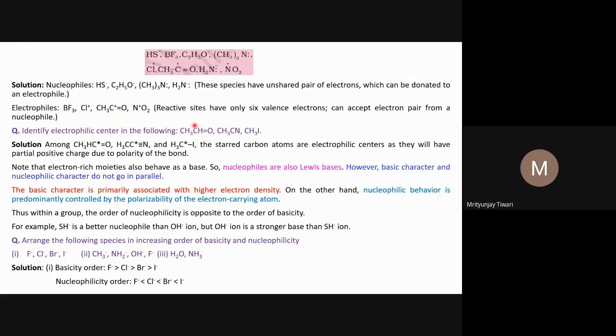It means this carbon will attain some partial positive charge, and because of that, this carbon will be an electrophilic center. So this is an electron deficient center, so it will be attracted towards the electron rich species.